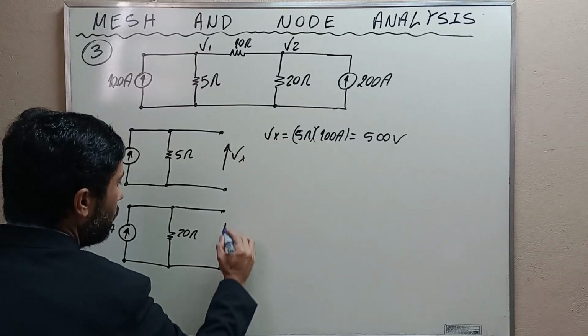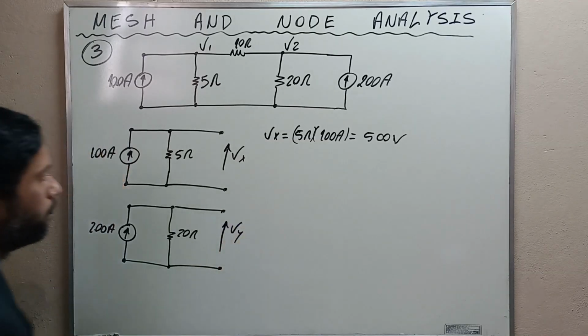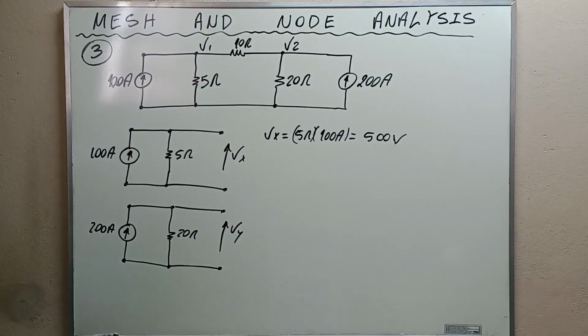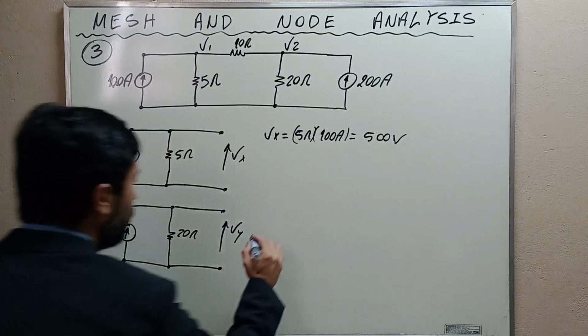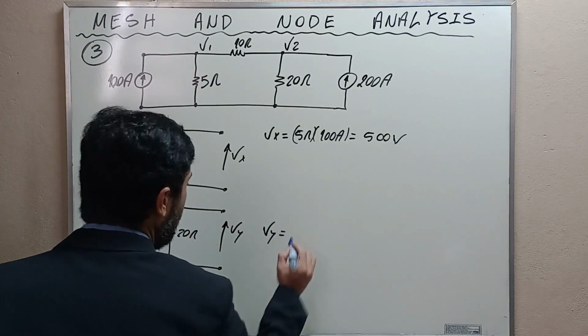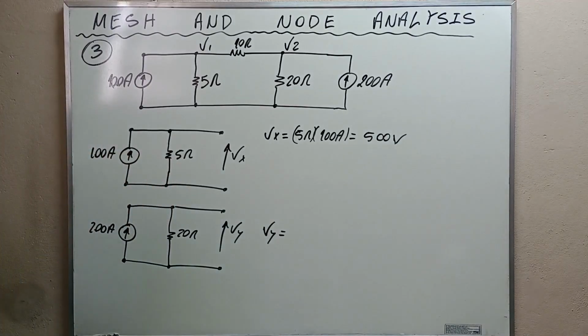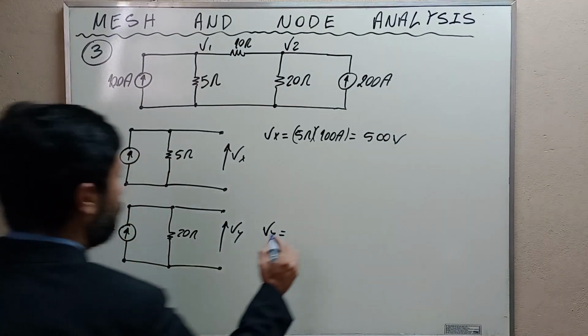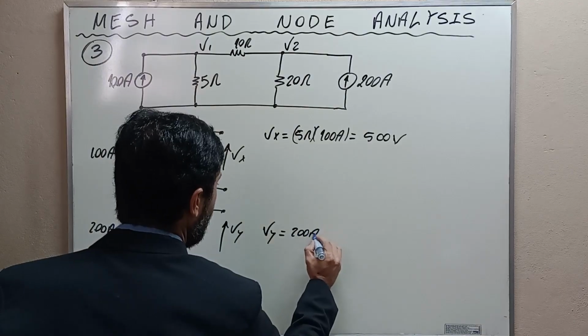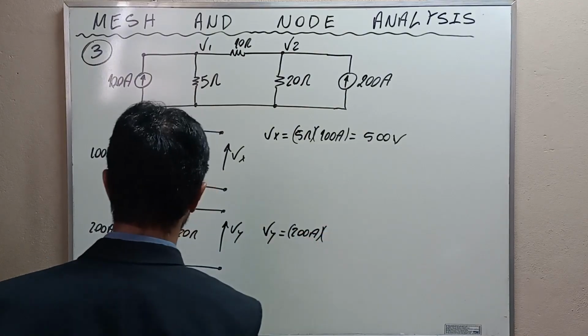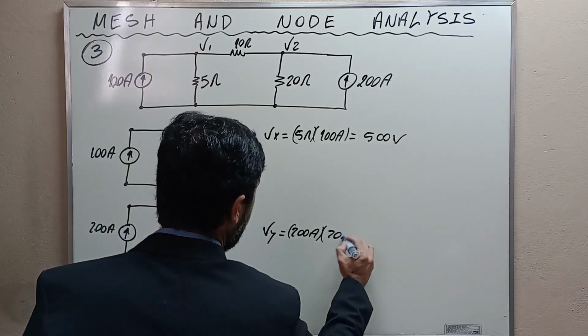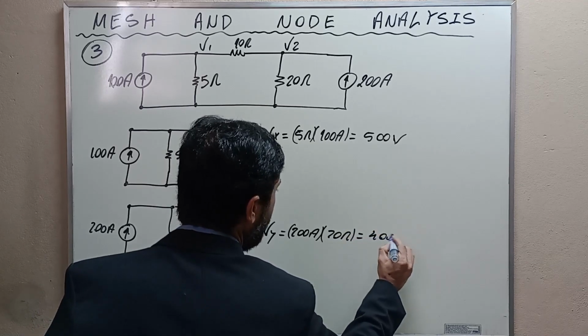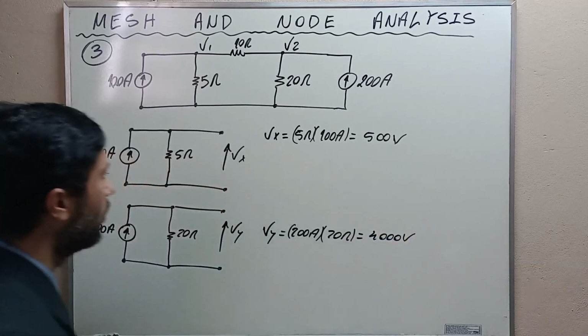And I'm gonna call this Vy, okay? Vy will be calculated in the same way. 200 amps times 20 ohms is equal to 4,000 volts.